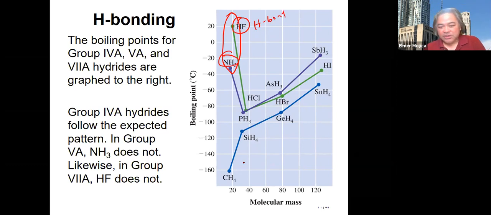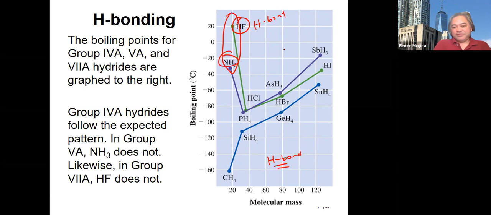Now, how come CH4 follows the normal trend? What's the main reason? Anyone? Why does methane follow the same trend? The higher the molecular mass, the higher the boiling point, because methane doesn't exhibit H bonding.